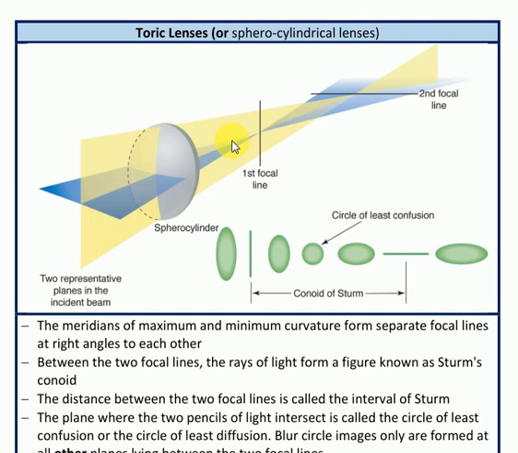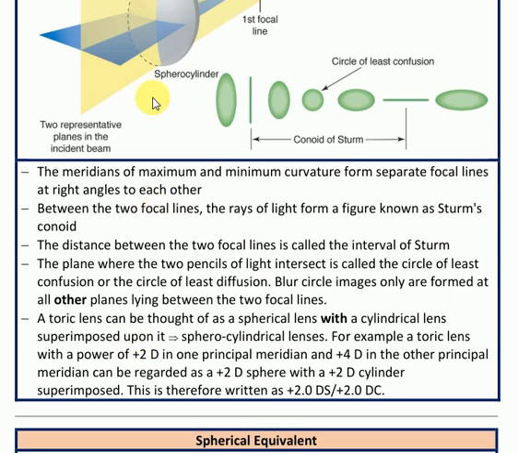A toric lens can be thought of as a spherical lens with a cylindrical lens superimposed upon it. So why is it called spherocylindrical lens? Because a toric lens can be thought of as a spherical lens with a cylindrical lens superimposed upon it.